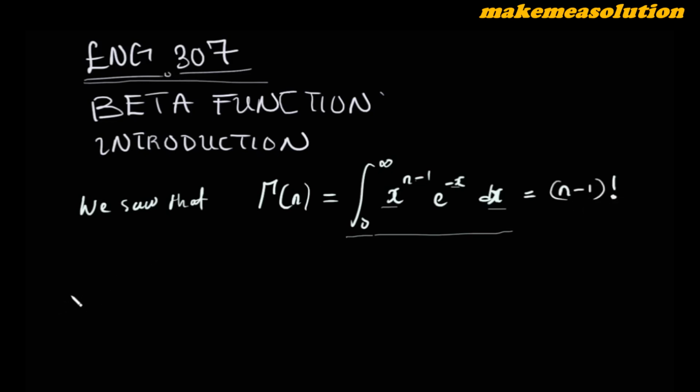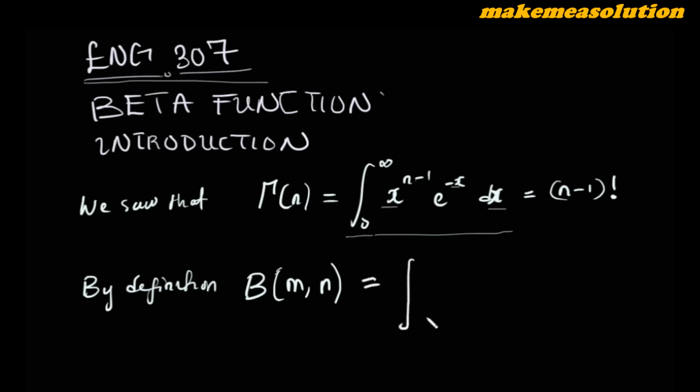So we want to define the beta function. By definition, beta takes in two parameters, unlike the gamma function. So we have the beta of m, n. Beta of m, n is defined in this way.